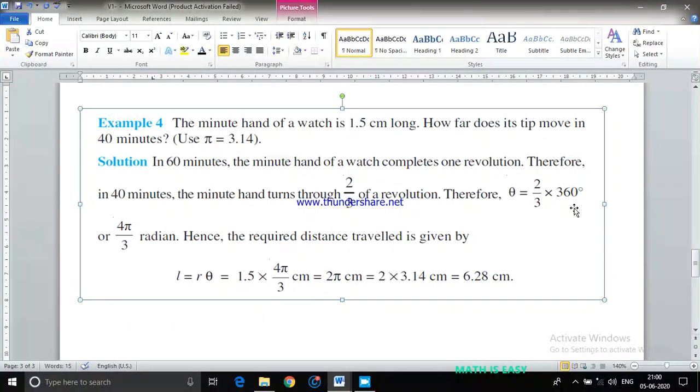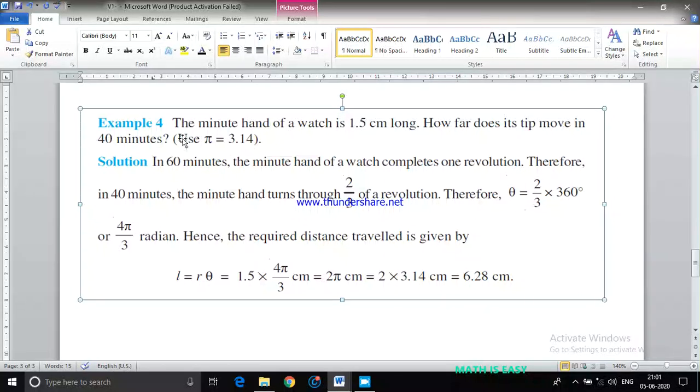So there are 2 ways to identify. For 40 minutes I can say it is 2/3 of a revolution. But for example, if they give me 37 minutes, how can I convert that into a fraction? It's not possible, right? So 37 into 6. That method is useful for a particular angle.